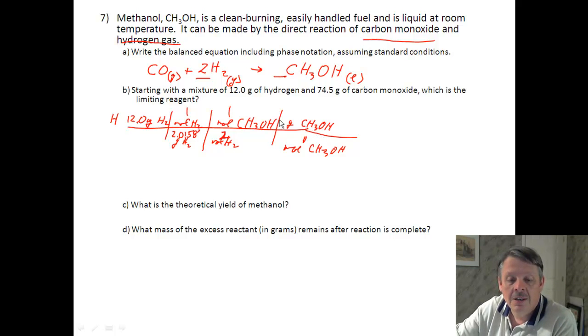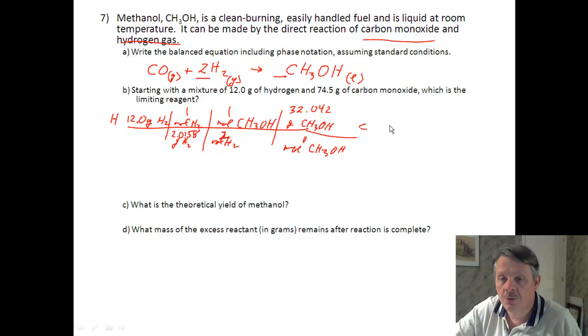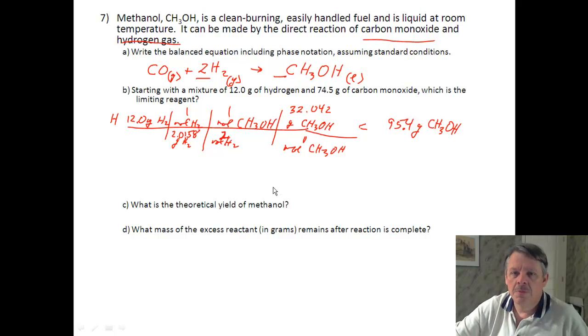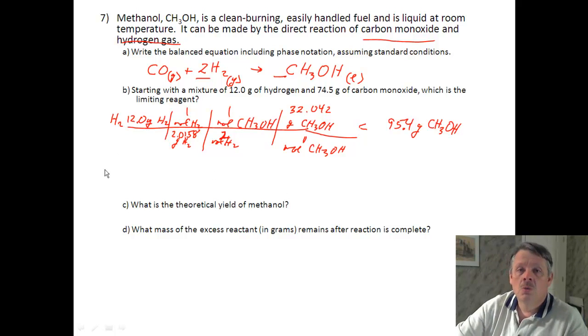And I do it with a little bit more precision than what I just gave you, but that would be 32.042 grams of methanol. So if we actually plug all this stuff into a calculator, we get 95.4 grams of methanol.